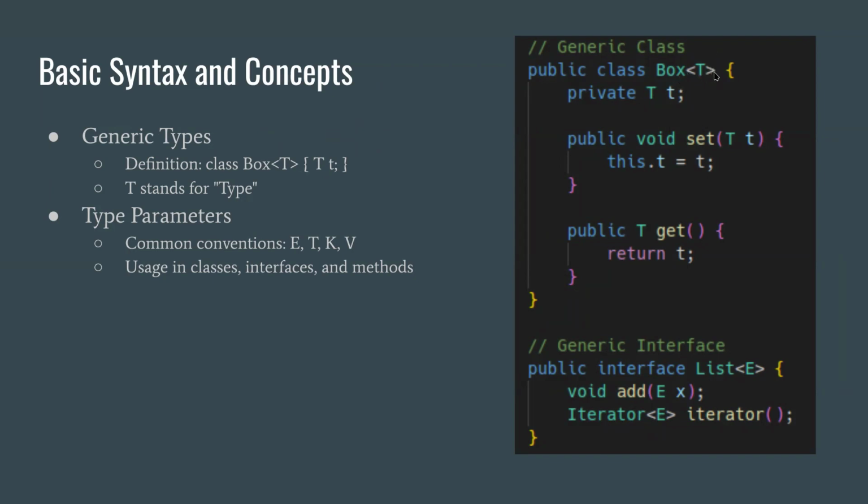And this T can be any type, which you specify when you create an instance of the class. Type parameters can also be used in methods and interfaces, providing a way to reuse the same code with different inputs.